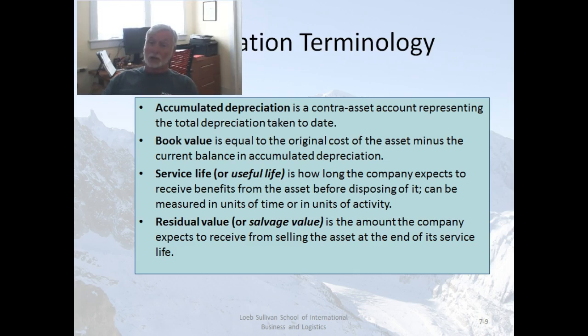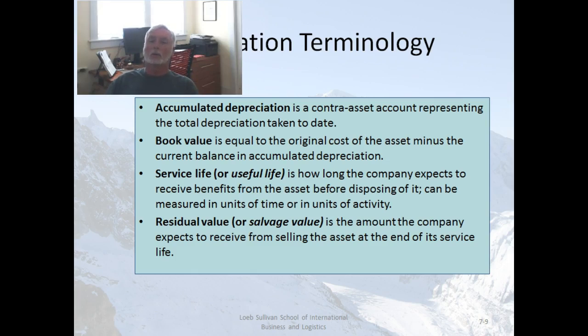So some terminology. These are terms that you need to know. Accumulated depreciation is a contra asset. That's the first time you've heard that term. It's a negative asset. So when we present property, plant, and equipment on the balance sheet, we show it at its historical cost, what we paid for it. And then we have a separate account called accumulated depreciation that shows all the depreciation we've taken to date.